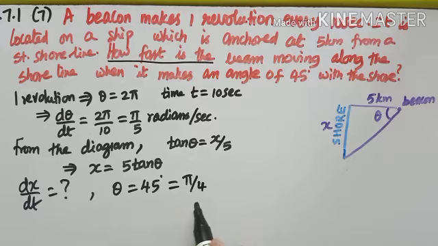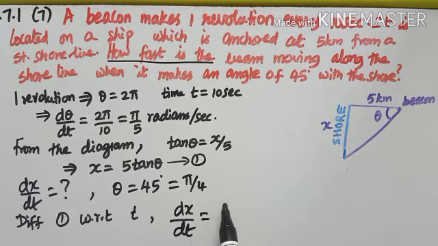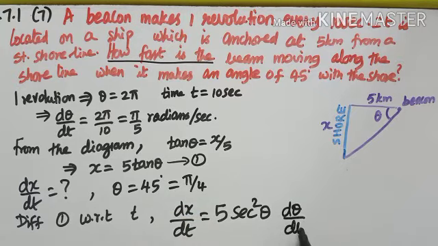Call this number 1, and differentiate 1 with respect to t. X will become dx by dt, 5 as it is, tan theta will become secant square theta, and theta will become d theta by dt.